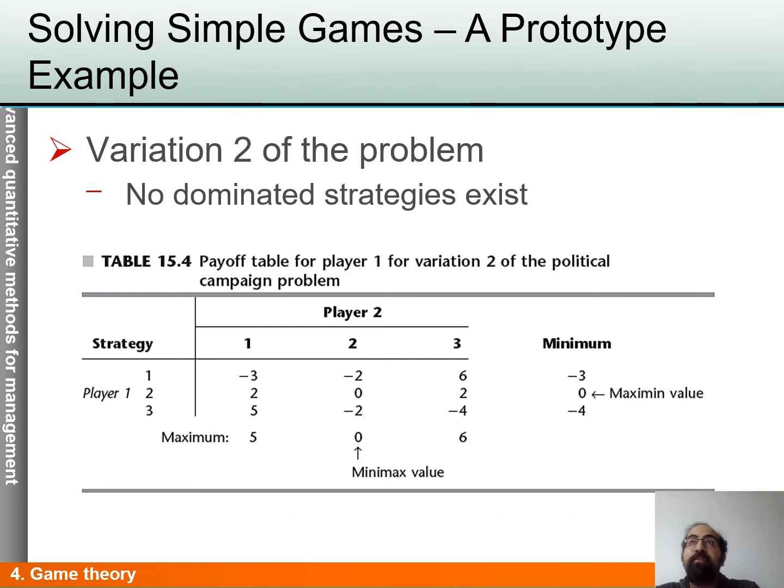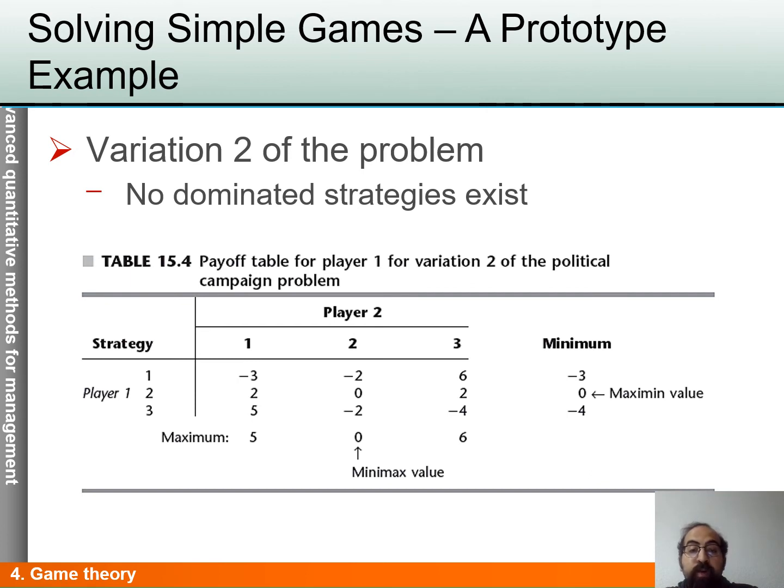And from the point of view of player 2, there is no strategy whose elements are all better, in this case less than, the other strategy. Like this example, table 15.4, as you see, you can check, but there isn't any dominant strategy from different points of view. As you see here, for example, player 1 has strategy 1. Let's compare it with strategy 2.